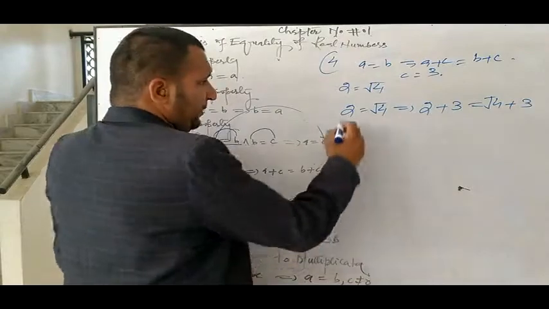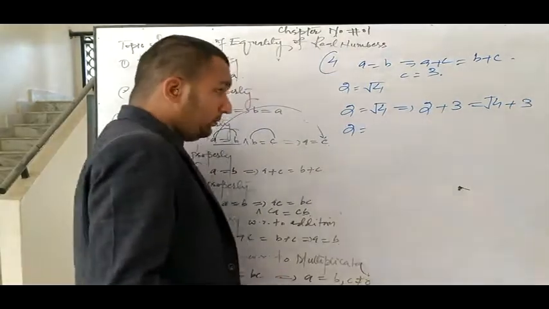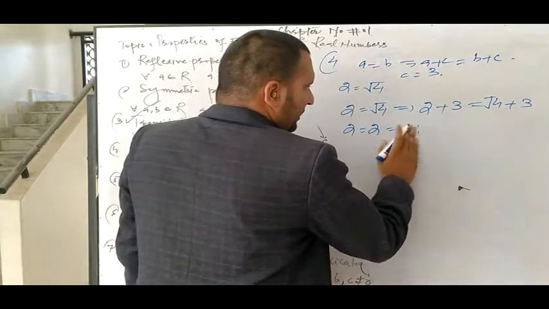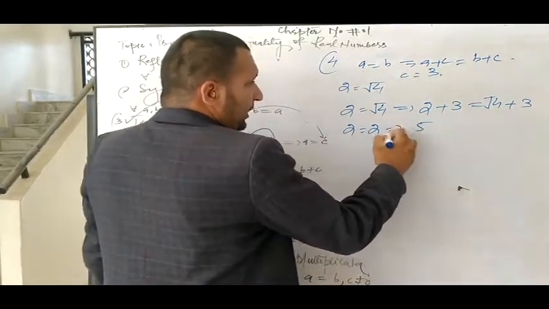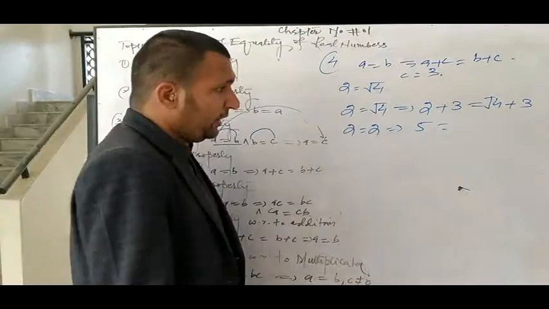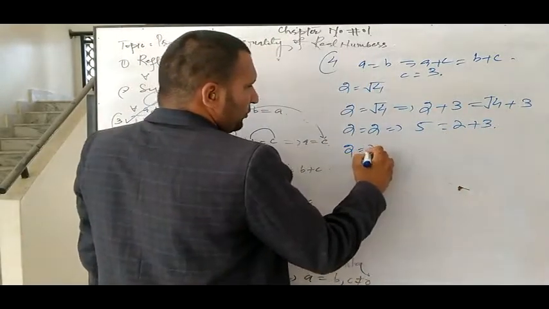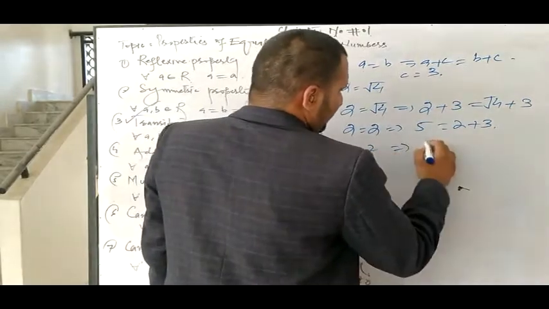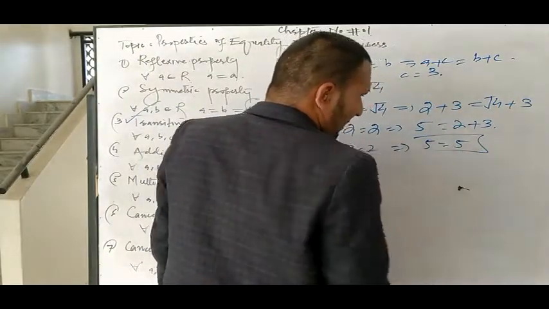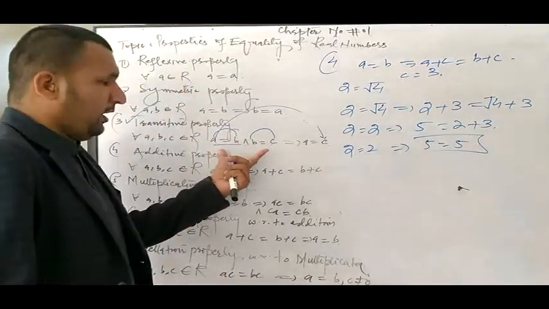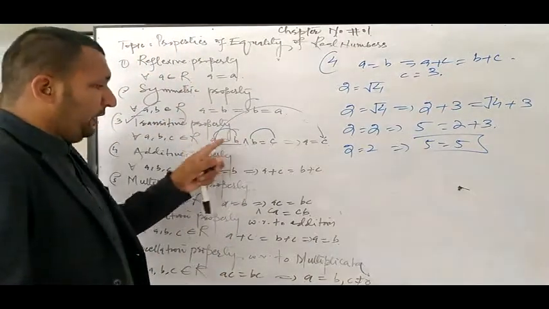Then 2 plus 3 is equal to 5, and square root of 4 is already 2, plus 3 is 5. Again 2 is equal to 2, then 5 is equal to 5. The statement is true and satisfied with the additive property with the third value C.